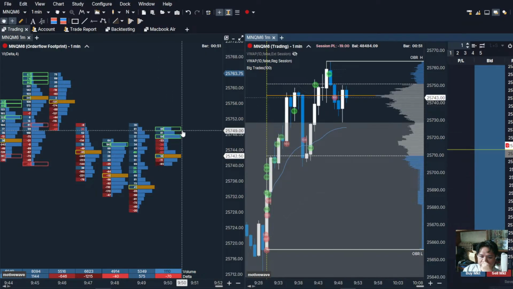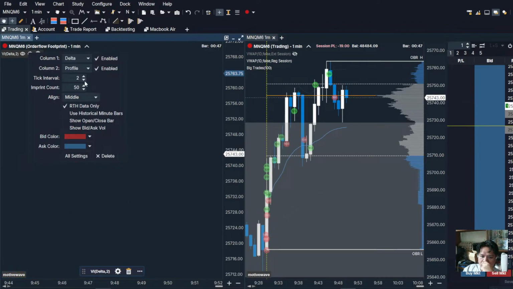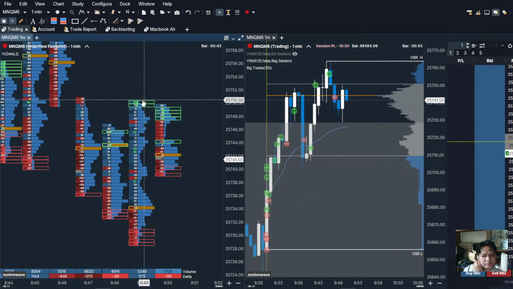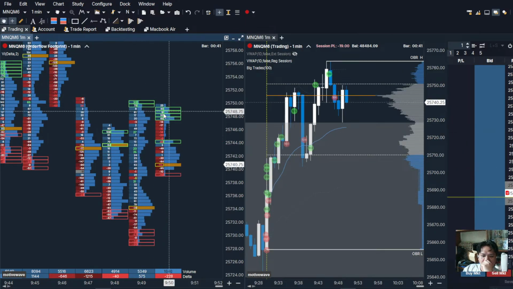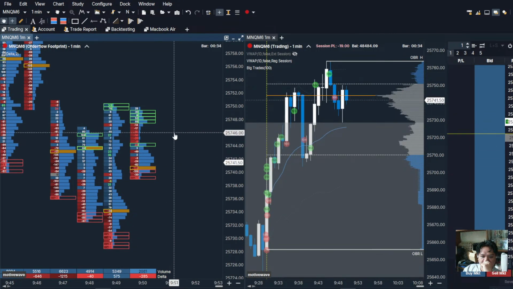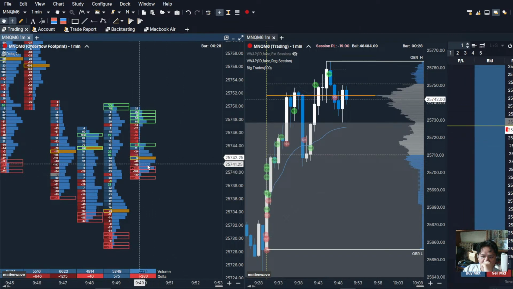We had a bit of absorbing here now. Okay, we did get absorptions there. Want to see sellers step in. We have sellers stepping at 1, 2, 3, 4, 5. Sellers are getting absorbed though.